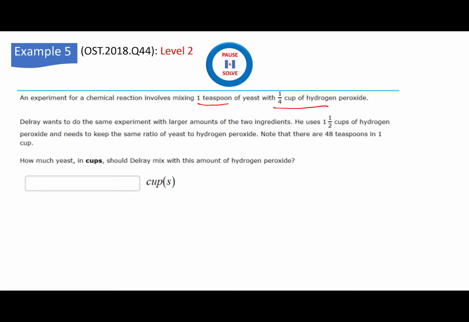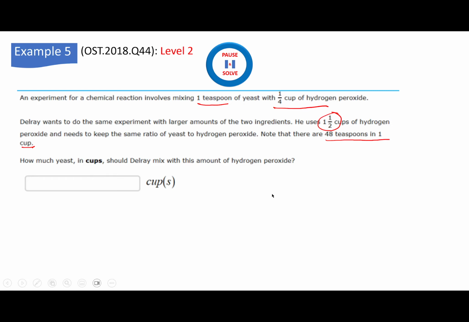He uses 1.5 cups of hydrogen peroxide and needs to keep the same ratio of yeast to hydrogen peroxide. Note that there are 48 teaspoons in 1 cup. Here's the question: how much yeast in cups should Dairy mix with this amount of hydrogen peroxide?